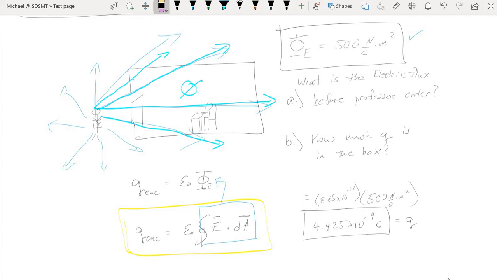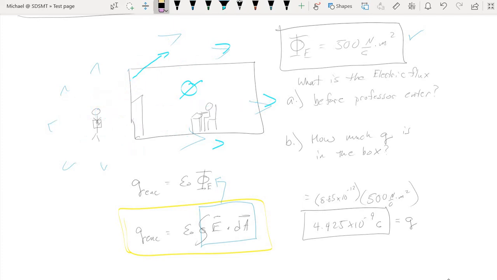Well, why is that such a different outcome compared to when we had the box of charge inside of the room? So we'll bring that box of charge back inside the room here. Now you'll notice that there's only one way for the electric field to interact with the room, and that is to exit. There's no way for the field lines to enter the room from the exterior.